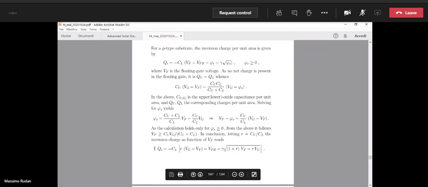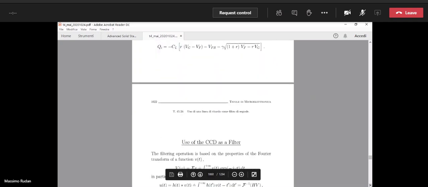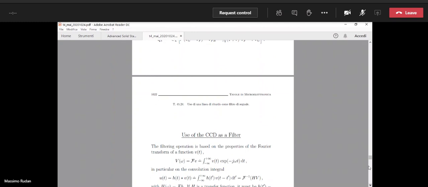Okay, so we extract information directly concerning the amount of charge that has been integrated during the integration time, without destroying the charge itself. In this equation, R is just the ratio of Cu over Cl. So R is given. Okay, so this is how the floating gate operates.